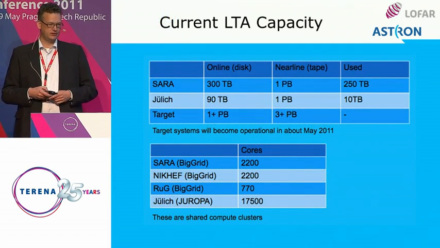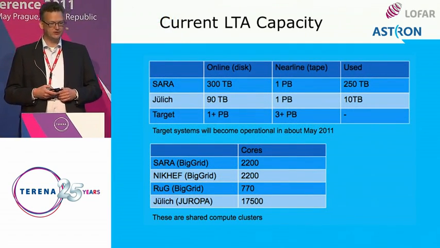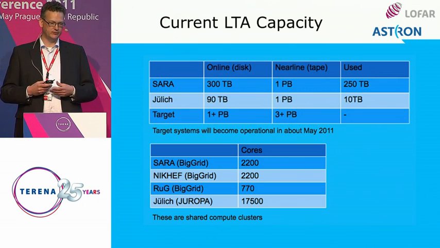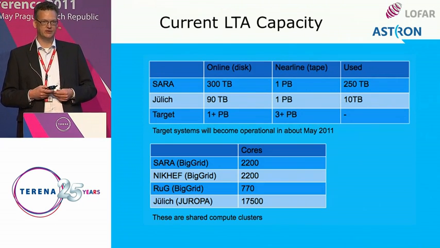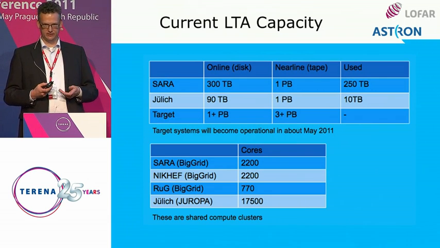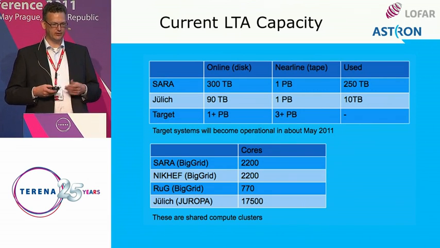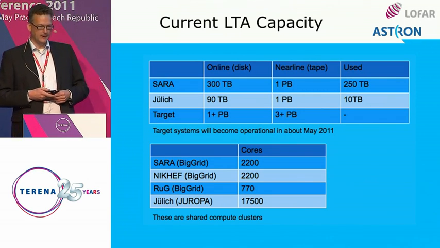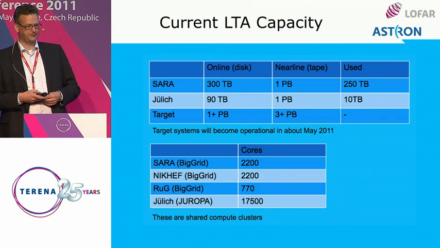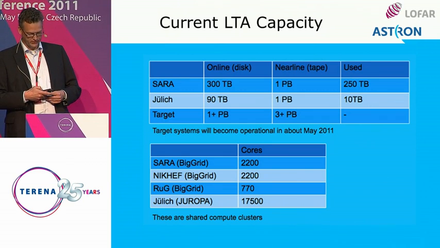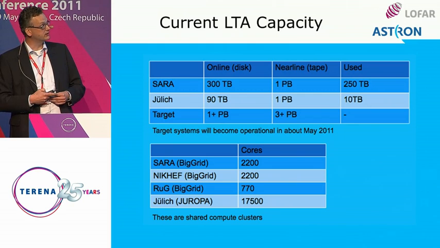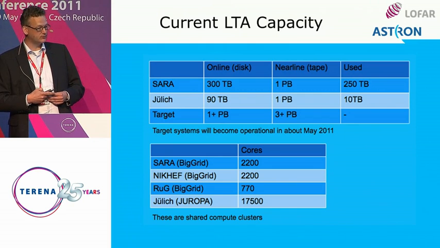Current capacity for the long-term archive in Amsterdam at SARA, we have a petabyte of tape storage, about 300 terabytes of disk storage, of which we use 250 terabytes. That's mainly been generated in the past half year or so, and that is scaling up in the coming year. At Jülich, we've only just started transferring our first data sets. There is a petabyte of tape space available.